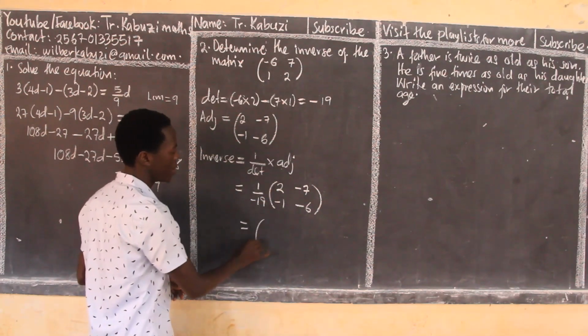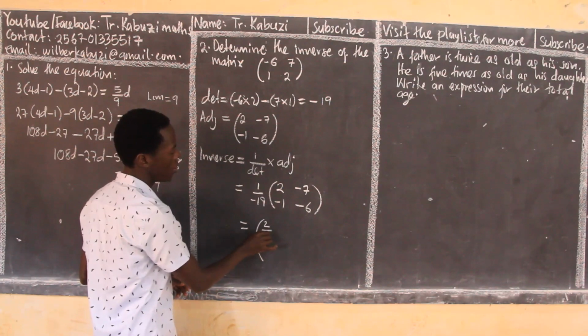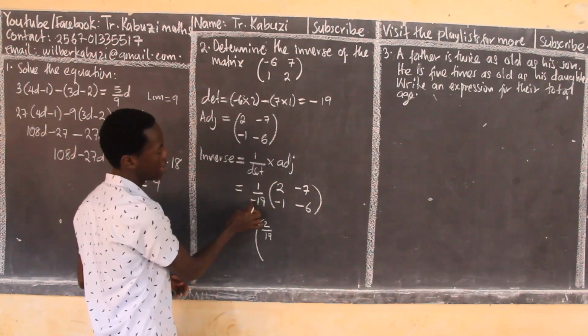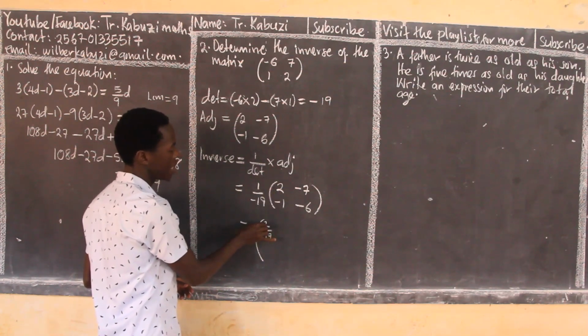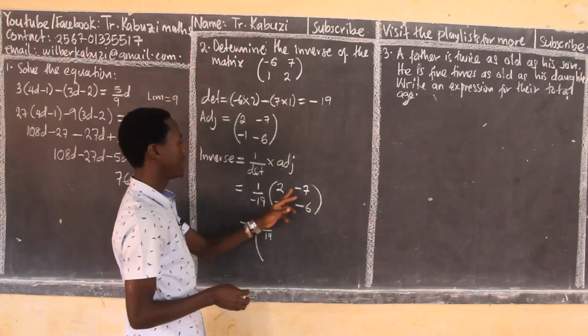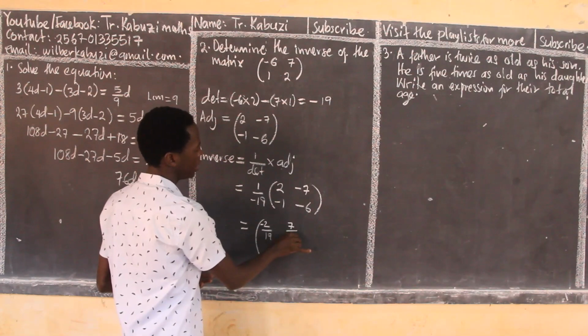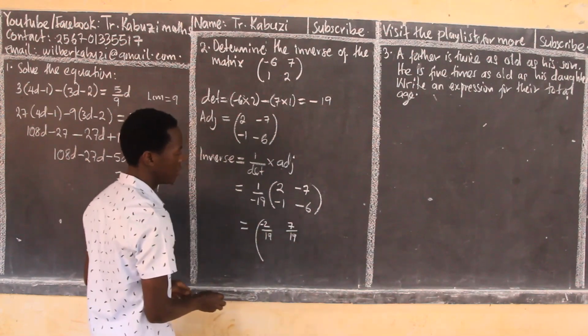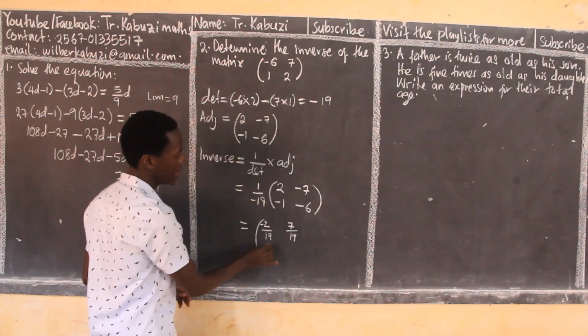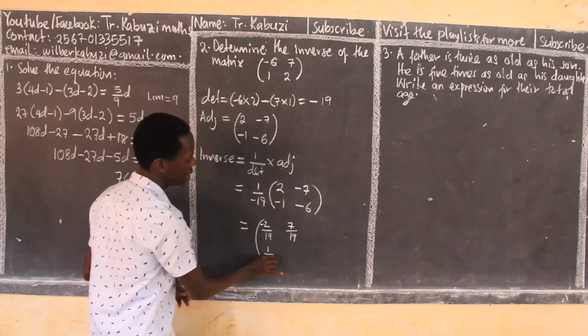We shall get this as 2 over 19. Then the negative and the positive, we get our negative there. The negative and negative shall get positive, which is 7 over 19. Then the negative and the negative, we shall get a positive. 1 times this, we get 1 over 19.